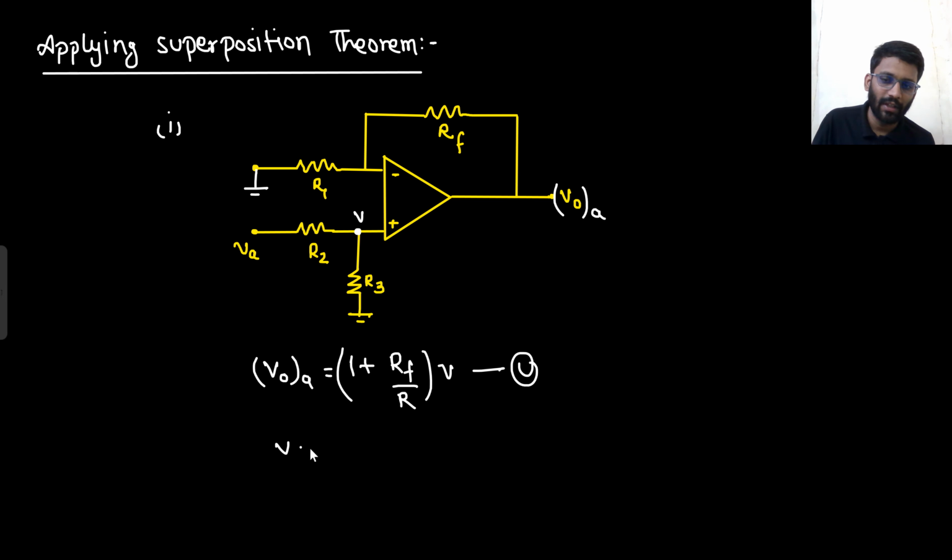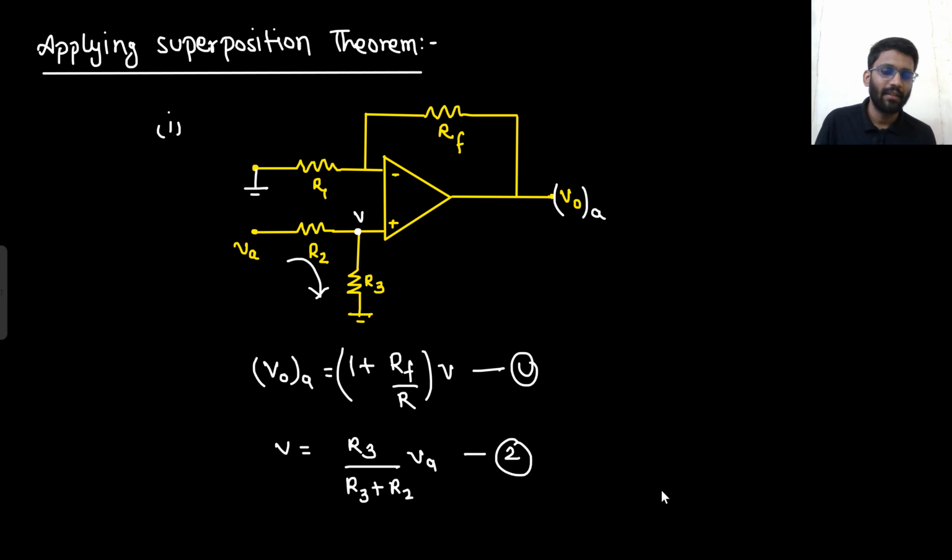And what is the potential of V? The potential of V is R3 upon R3 plus R2 into VA. Say yes or no? Why is it so? Because here you can directly apply the concept of potential divider, since here the input current is 0 ampere.